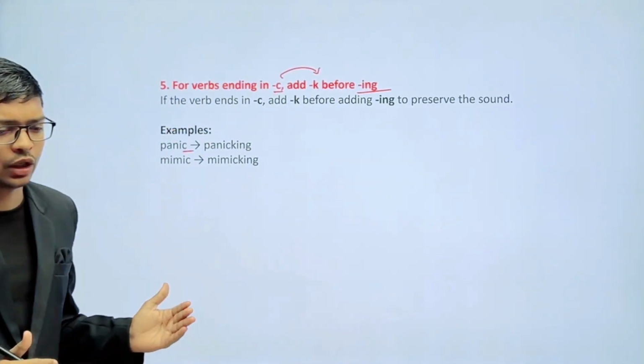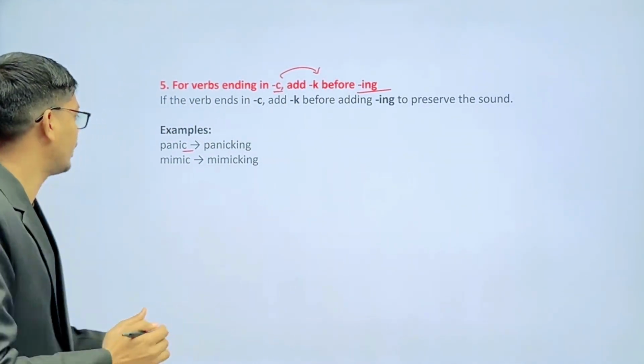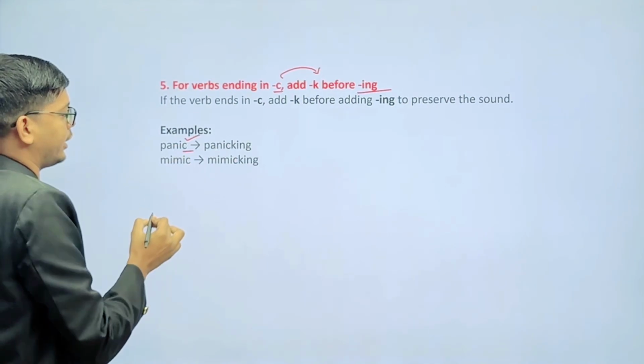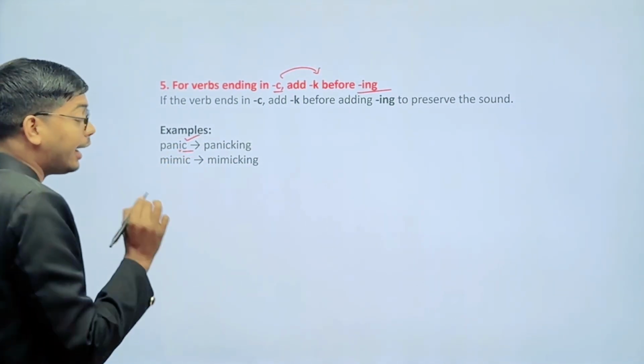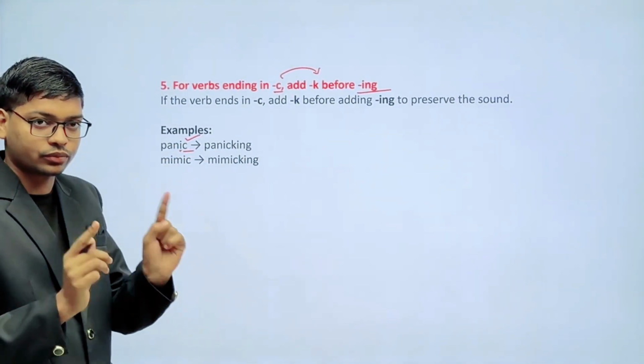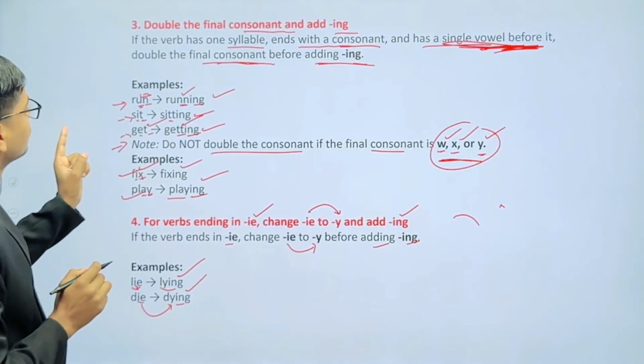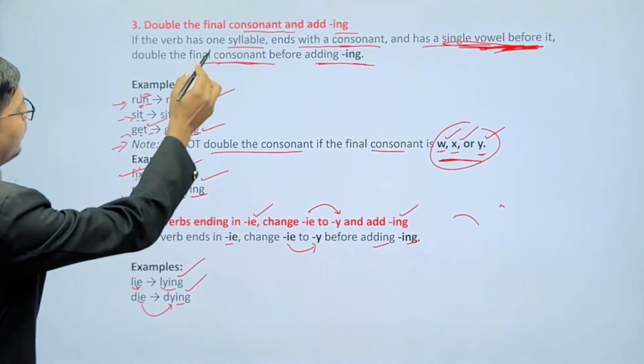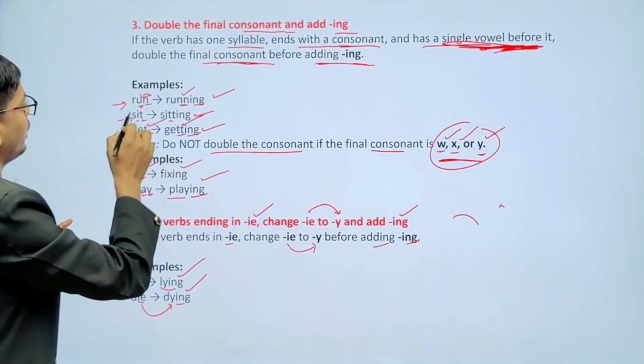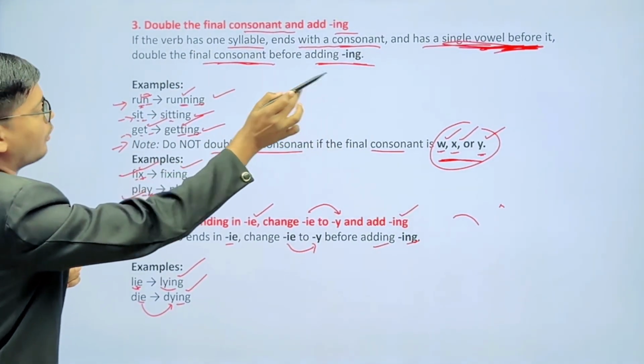Now you may be confused here. Before c is a consonant, and then a vowel i. You have heard about the third rule, double the final consonant when adding ing, when there is a single vowel.